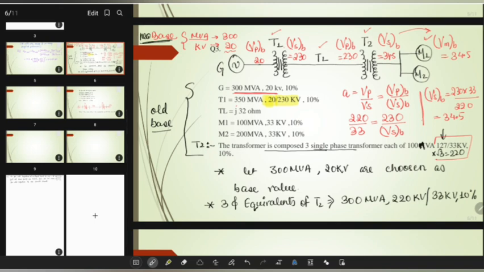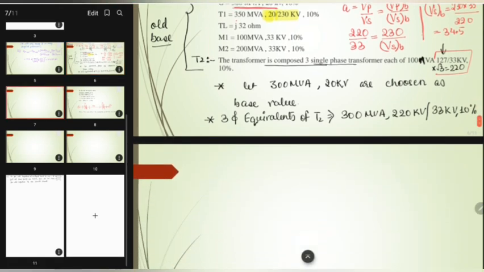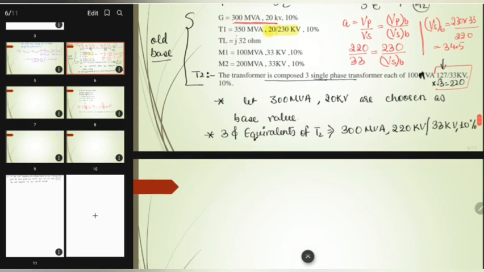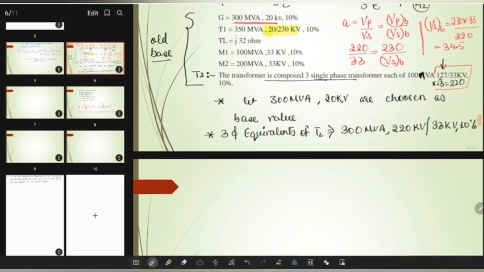Now we will calculate the new impedance. See, first for the generator, what was the old impedance? That is 0.1, that is 10%, into MVA base new.